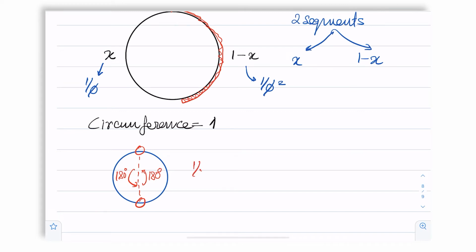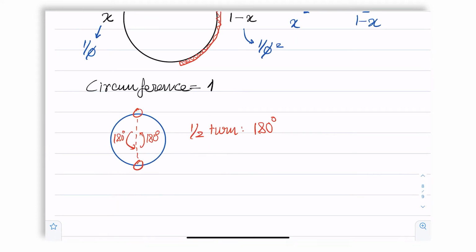We can say there's a half turn corresponding to 180 degrees. If on the other hand we have 3 organs, then we are referring to an angle of 120 degrees, of equal 1 by 3.